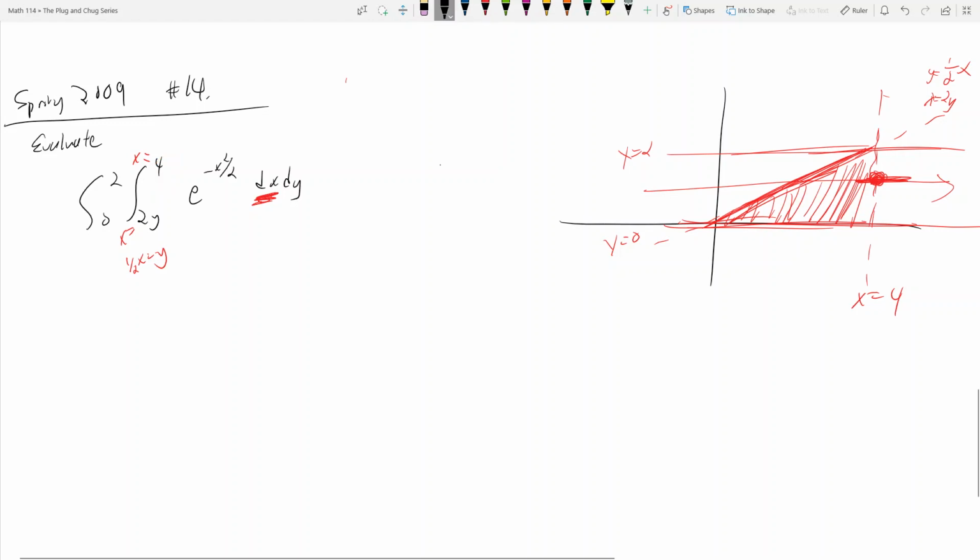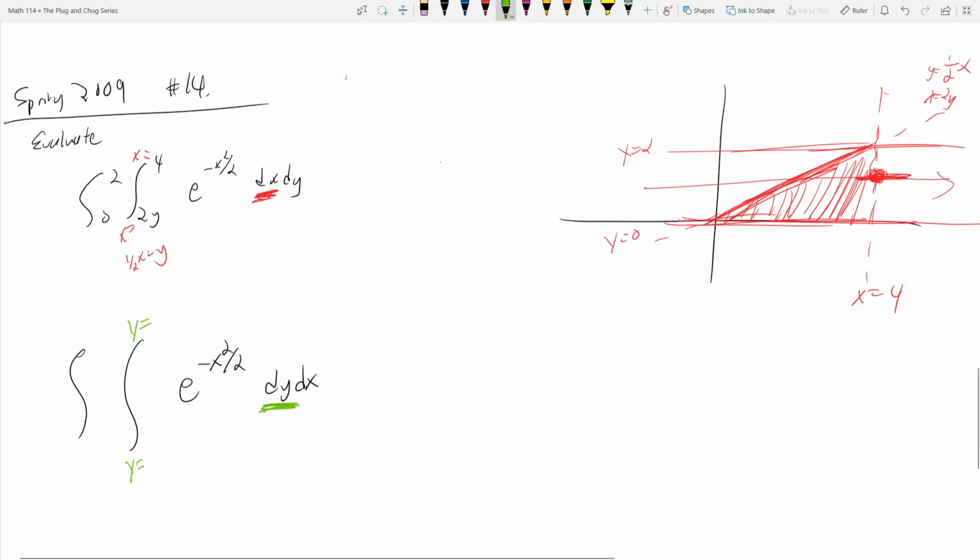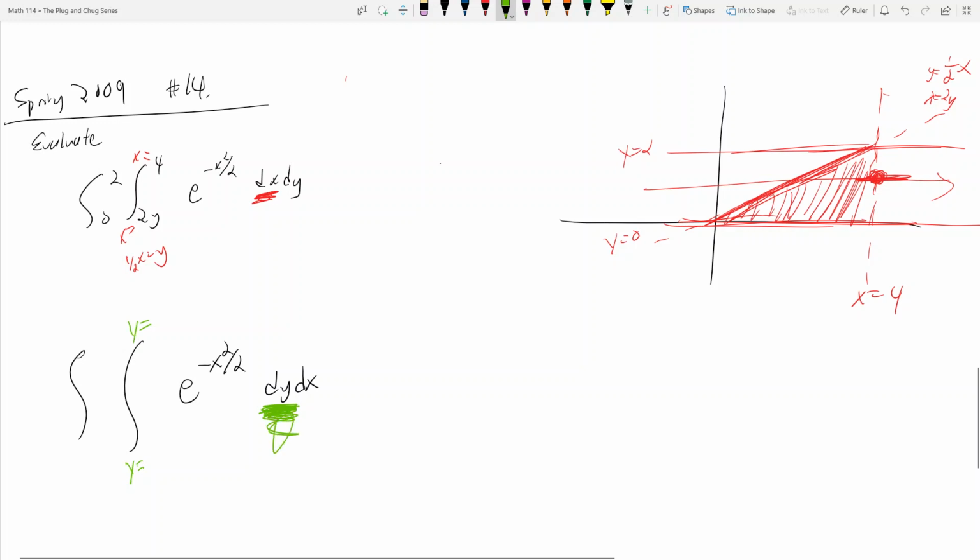And now I want to switch the limits of integration. So now I want to do, okay, this is negative e to x over 2 dy dx. And now what happens? Well, now dy is my interior integral. That means on the inside integral, the limits are going to be y equals something and y equals something. And to figure out what those are going to be, I need to draw a line through my region parallel to the y-axis right here.